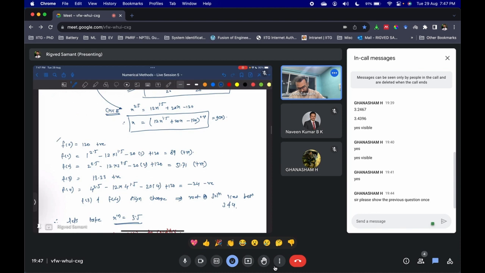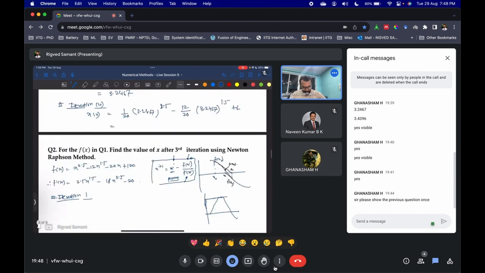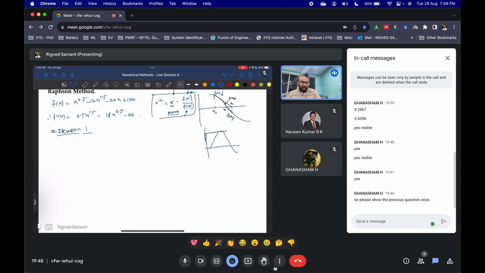You will put f0, f1, f2, f3 and see where the function is changing its sign. In between those, you consider any value. So here I have considered 3.5. You could have considered 3.3, 3.4, and it would have worked as well. So here I'm not again calculating those things.